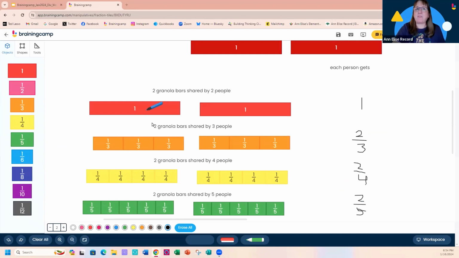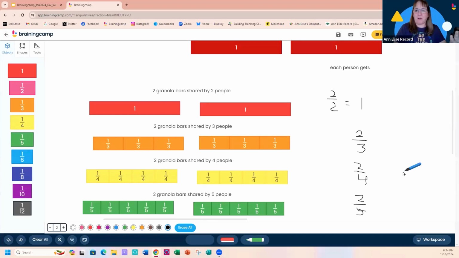Right? Like it was 2 granola bars shared by 3 people. In this case, it was 2 granola bars shared with 2 people, which of course is equal to 1. The 2 granola bars shared by 3 people, 2 divided by 4 people, 2 divided by 5 people. Holy cow! If you ask me a story problem where I'm dividing something by a certain number of people, so let's say there were 3 granola bars shared among 7 people, each person gets 3/7.